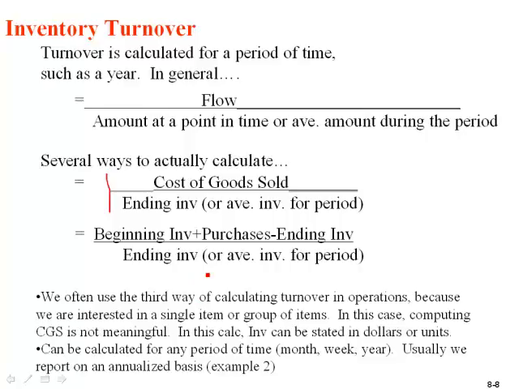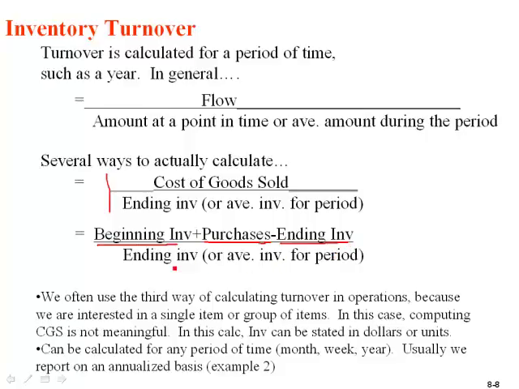Well, again, for those situations, we can't really compute a cost of goods sold. So what we do is we look at the actual inventory levels in the numerator. The concept in the denominator really doesn't change. In the numerator, we look at the beginning inventory. We add in what we purchased during the period that we're interested in, and we subtract out the ending inventory.